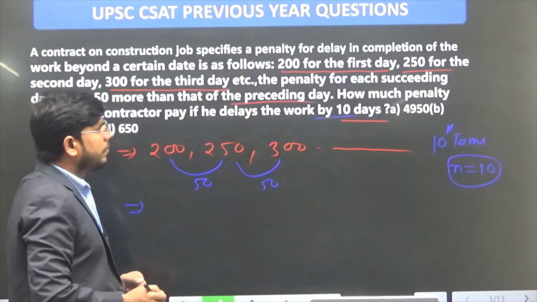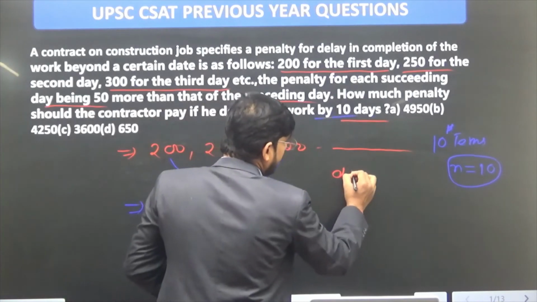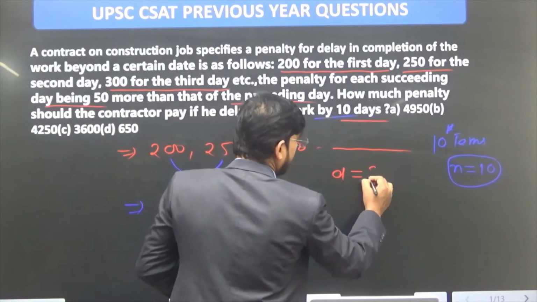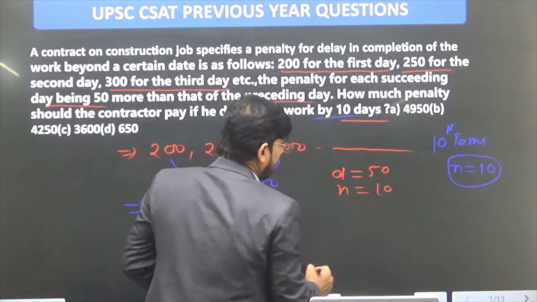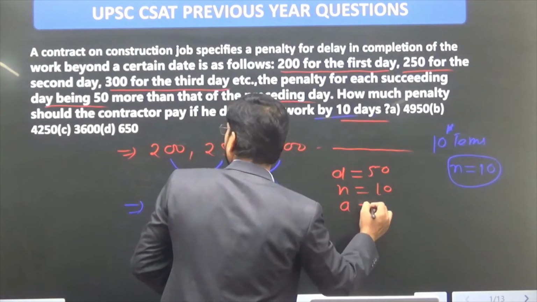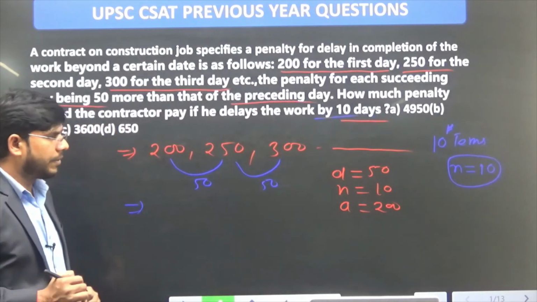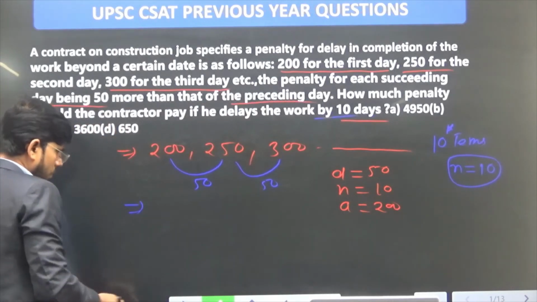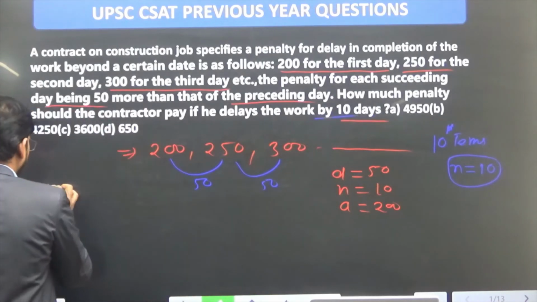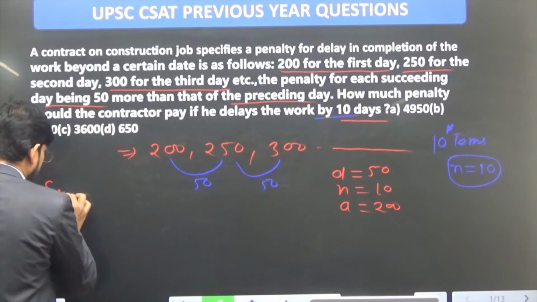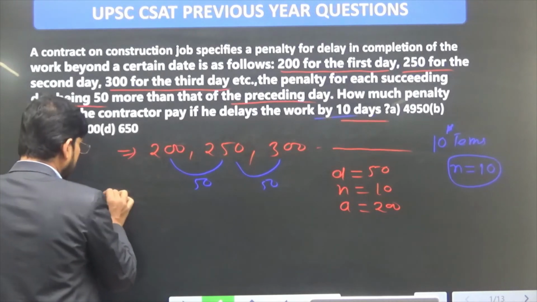So here the common difference d will be 50 and n will be 10, and the first term a will be 200. So what will be the sum? Sn or S10 is equal to, what is the trick here?